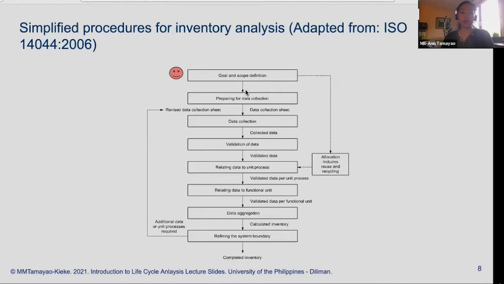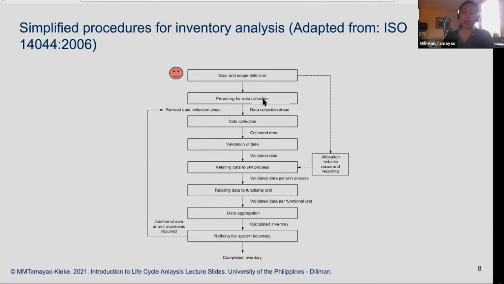Now, what you see here is a flow chart showing the procedures for inventory analysis. And this was adapted from ISO 14044 2006. You can see here the overview of the different steps. So, of course, first you have your goal and scope. And then after that, you have to prepare for data collection.